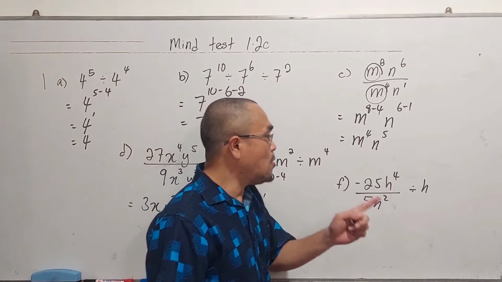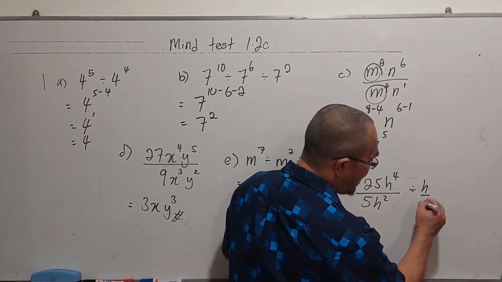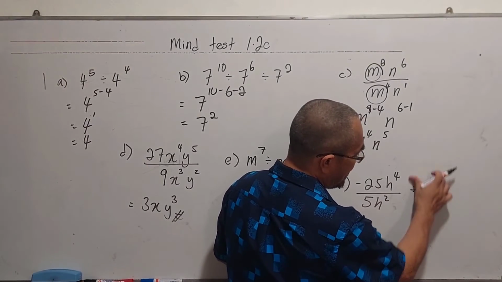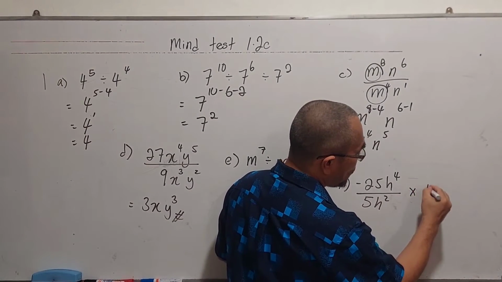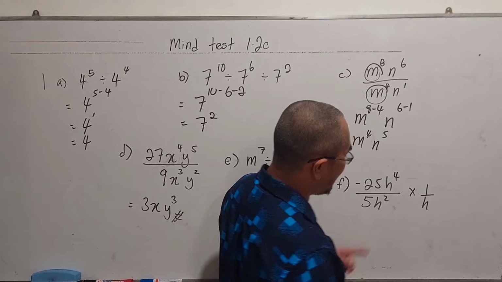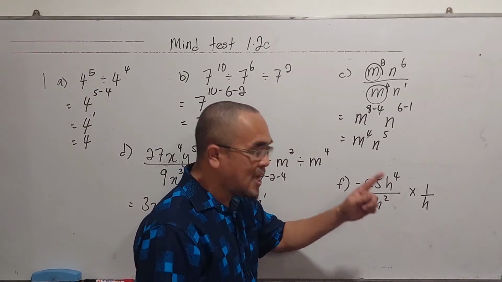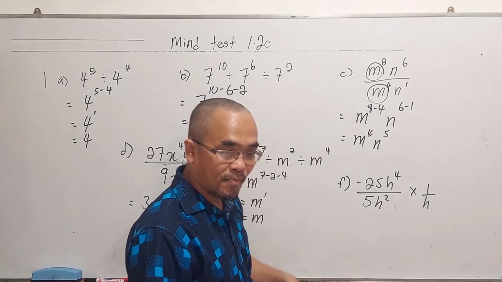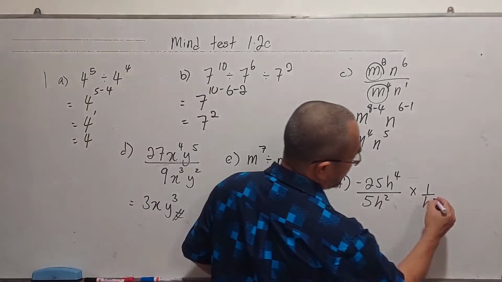Or we can change the divide, so it becomes times 1 over H. Basically, divide means that the numbers will be together here. So this is H power 1.